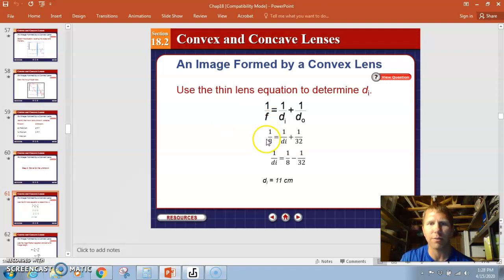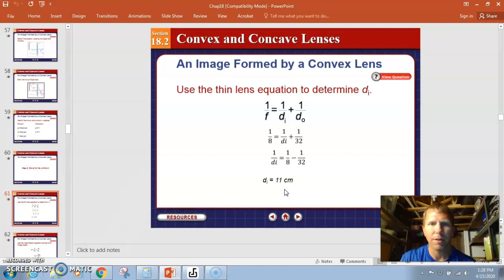Plugging those in, you'd have 1/8 = 1/di + 1/32. Solve for 1/di, so that'd be 1/8 minus 1/32. When you solve, you'd end up with di equal to 11 centimeters.